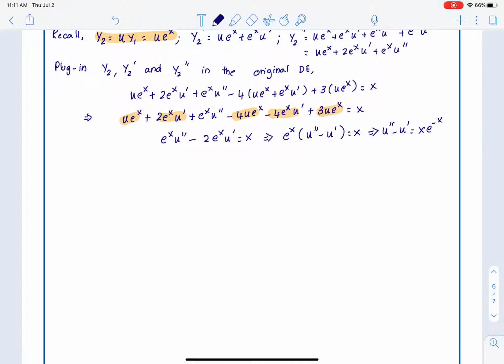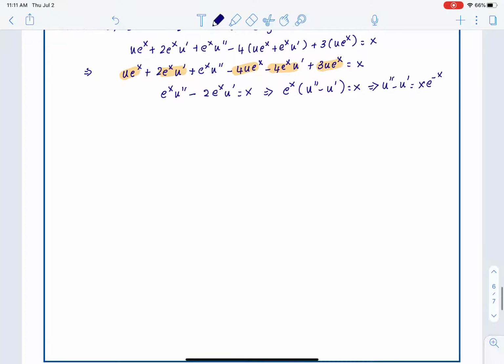Now the objective is to convert this second order DE to a first order DE. So let w equals u prime. This would imply w prime is u double prime. So I could rewrite, oh, I forgot the 2.